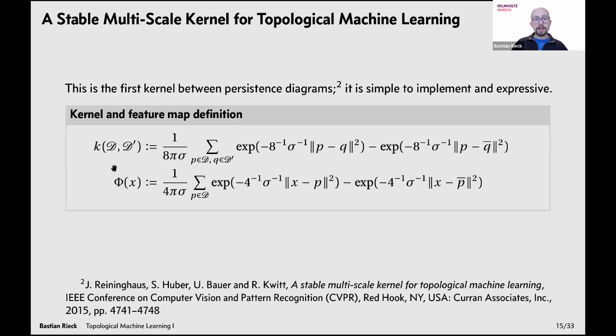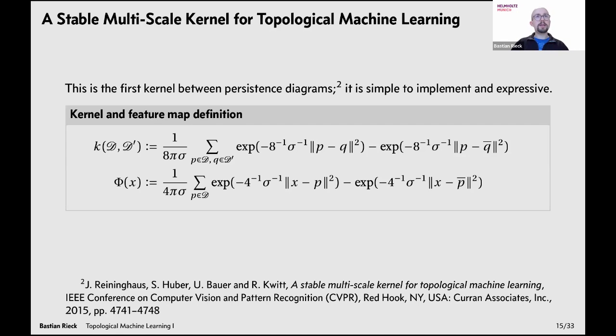The kernel is defined, even though the equation looks a little bit weird potentially, in a very simple fashion. Basically, for the kernel itself, you take points in your diagram. So you take a point P from diagram D and a point Q from diagram D prime. You evaluate some kind of weighted sum of dissimilarities or of distances between the persistence tuples, and you weigh that accordingly with respect to a distance that depends on the projection to the diagonal of the one point.